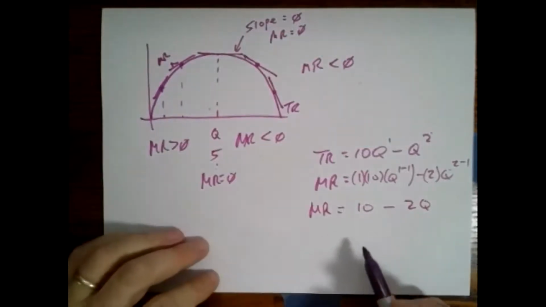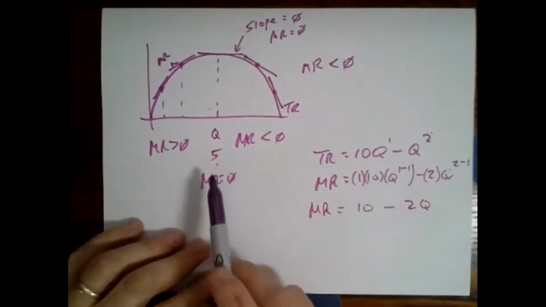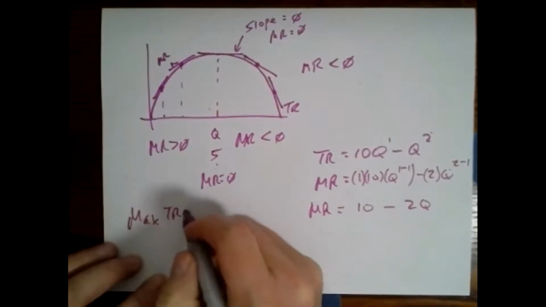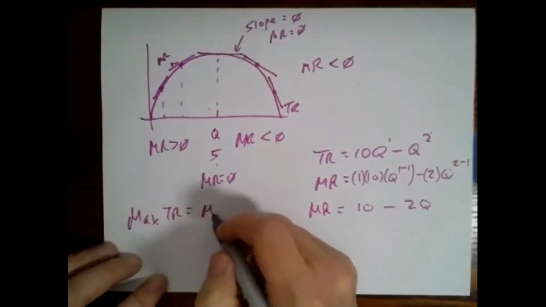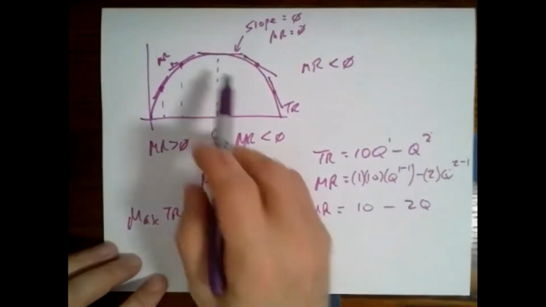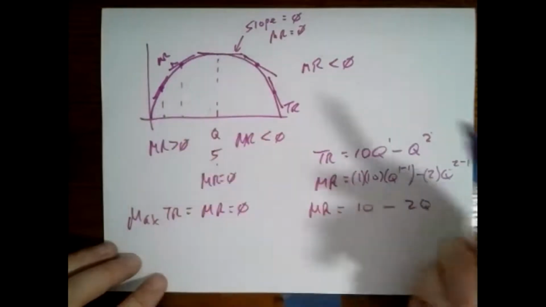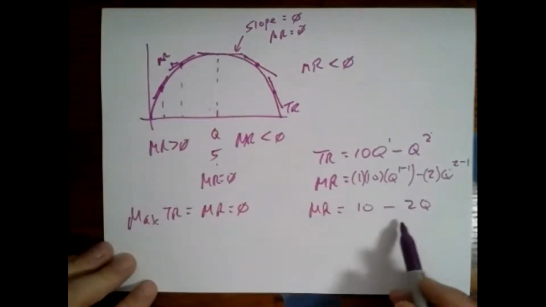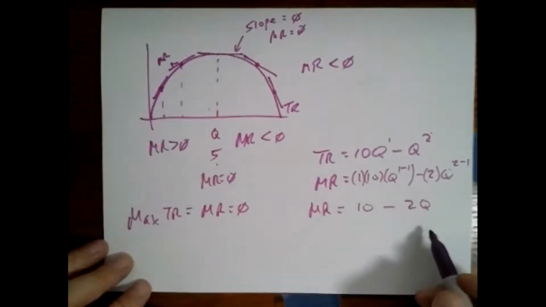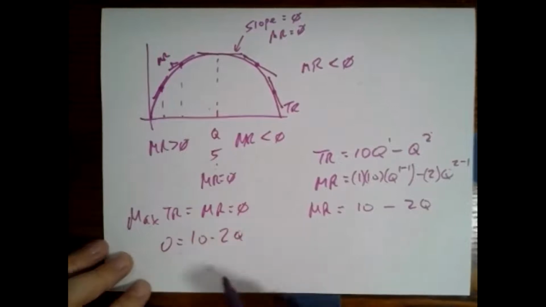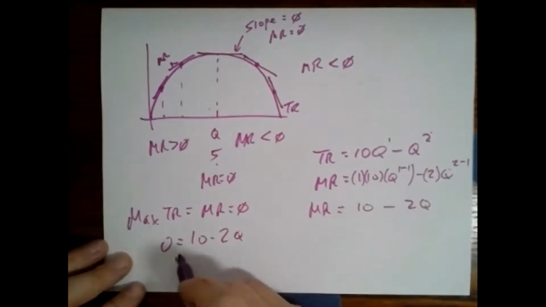And so if we want to find the maximum total revenue, it is where MR equals 0, because we said it's going to be where the tangent line is flat. The tangent line is where MR is equal to 0. We can just set the marginal revenue equal to 0. So we'd get 0 equals 10 minus 2Q. And solving that, we get Q is equal to 5.